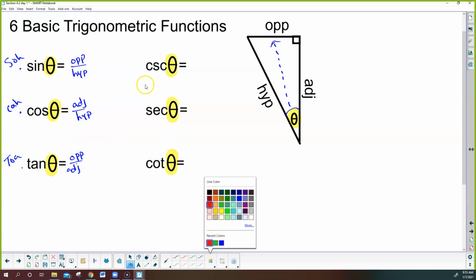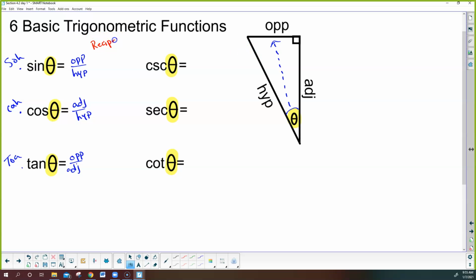But then we said, well, wait a minute. Each one of sine, cosine, and tangent has a reciprocal. And if you remember, the reciprocal is just taking and flipping it down. So cosecant is officially the hypotenuse over the opposite.